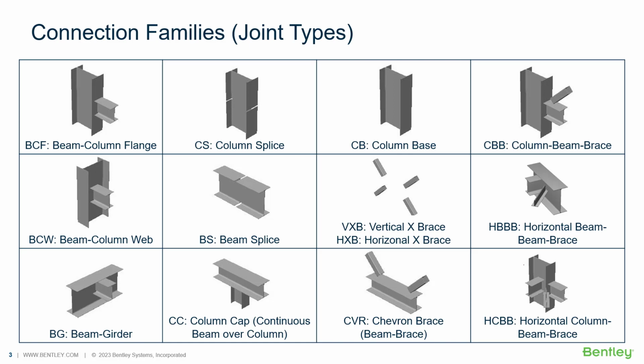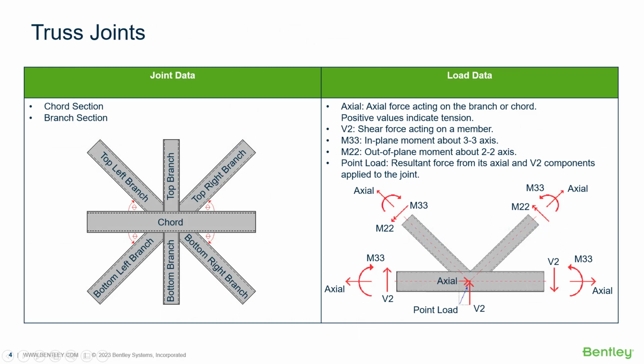We can design base plates and column cap plates, as well as vertical and horizontal gusset connections. Now, in addition to that, RAM connection can design tubular truss connections and gusset truss connections. And this is what we're going to be focusing our attention on today, is designing these specific types of connections for a model that's been created and analyzed in STAAD.Pro.